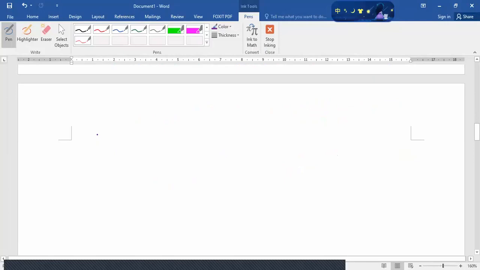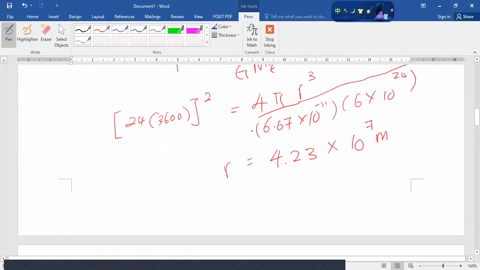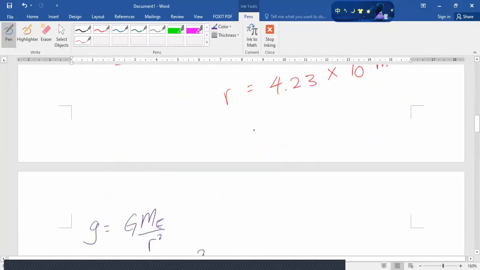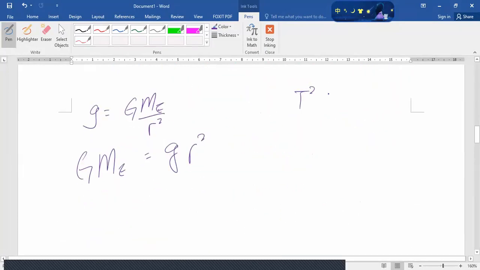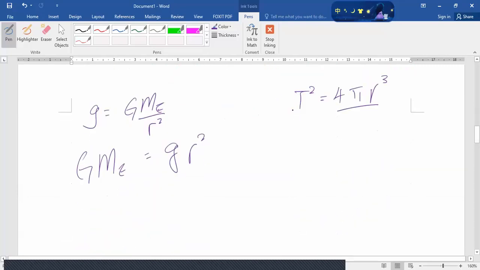For example, as we know that g is equal to G ME over R squared, right? So from here, the formula G ME is equal to g R squared, correct or not? From the formula just now, T squared equals 4 pi squared R cubed over G ME.